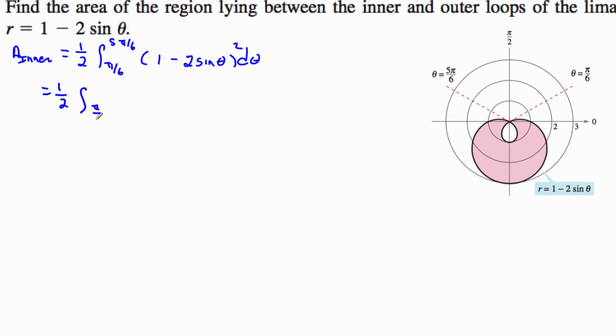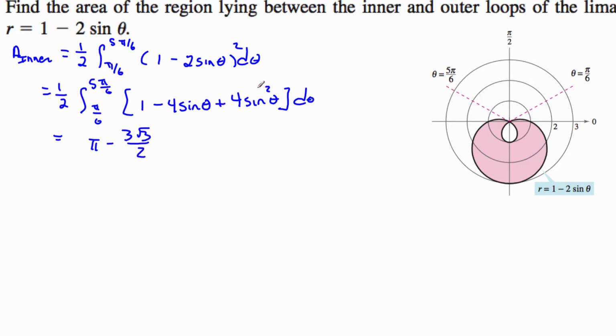I'm not going to do all of this integration because you can do it. 1 minus 4 sine theta plus 4 sine squared, all d theta. And when I do this, you're going to need to do a power reducing formula on this again. And when you do this, we find that this whole integration is pi minus 3 root 3 over 2. And I mean, you can do these integrations.